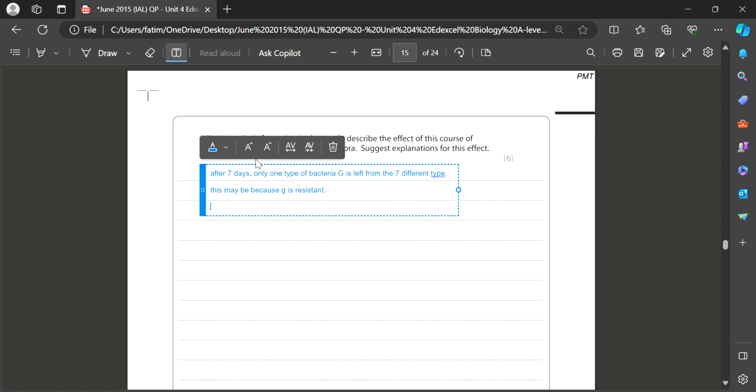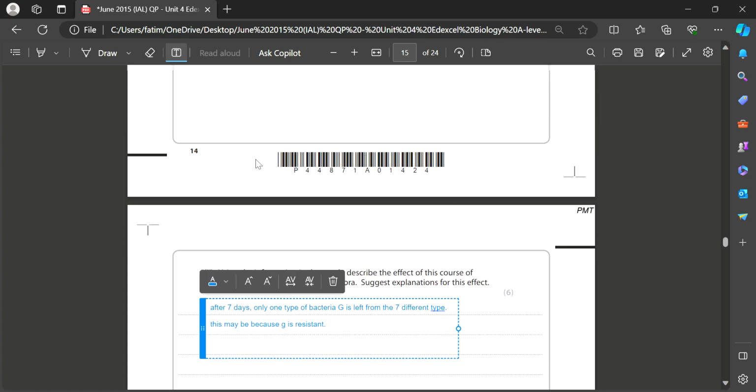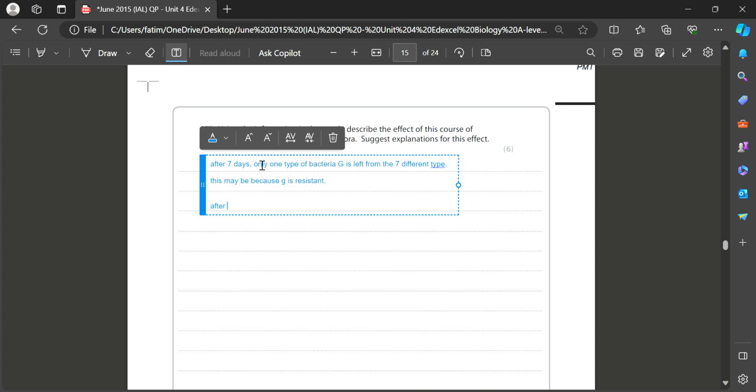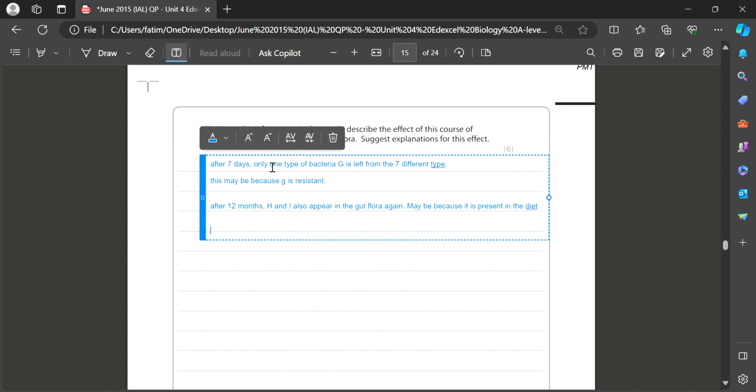Okay, so then what we're gonna say, after 12 months, H and I also appear in the gut flora again. Maybe because there might be some other factors at play we don't really know about. Maybe because it is present in the diet of the person.